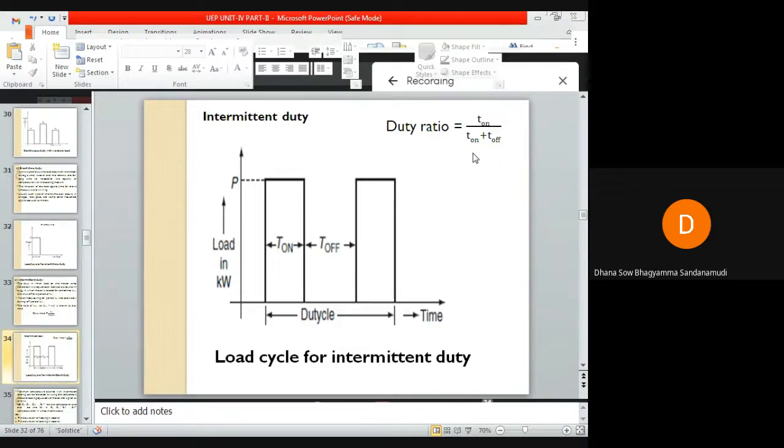Now, the maximum temperature attained by this intermittent loading can be obtained by using the temperature rise and cooling equations of the motor.